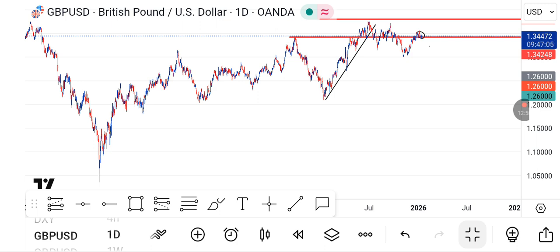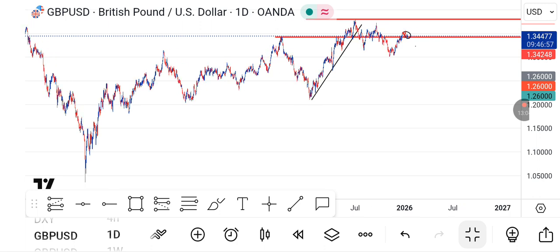The daily time frame is the main time frame for day traders. Even for swing traders, you can take swings on daily. But viewing the market at a higher time frame gives you a clear view. It helps you to know what is really happening in the market.